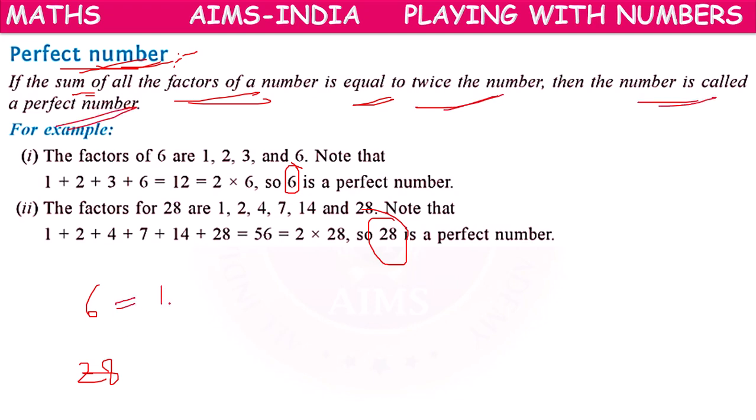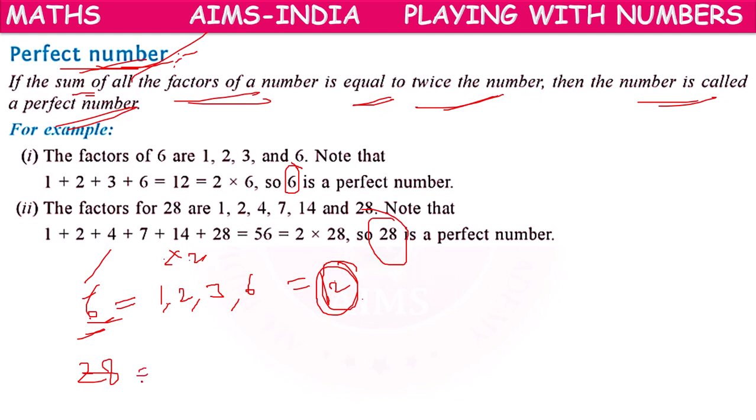What are the factors of 6? 1, 2, 3, 6. What is the sum? 12. Sum of factors is twice the given number, 6 into 2, 12. So that's why 6 is a perfect number.